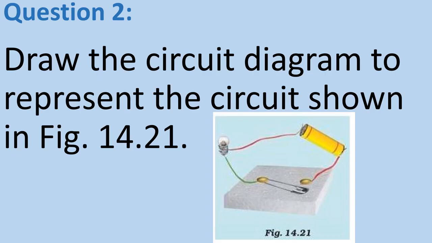Question number 2. Draw the circuit diagram to represent the circuit shown in figure 14.21. The diagram is given to us. This is the circuit in which different components are there.